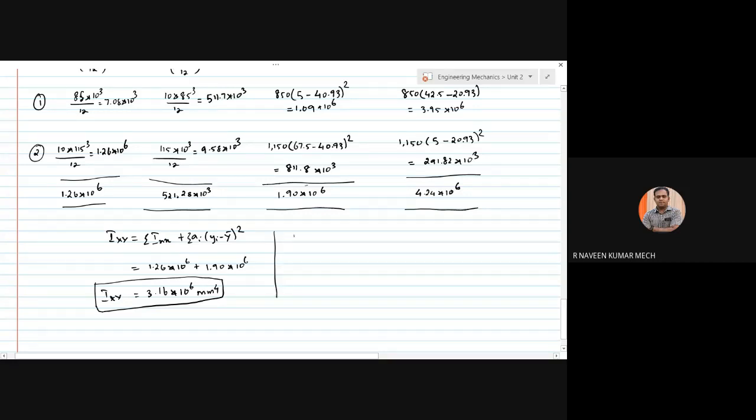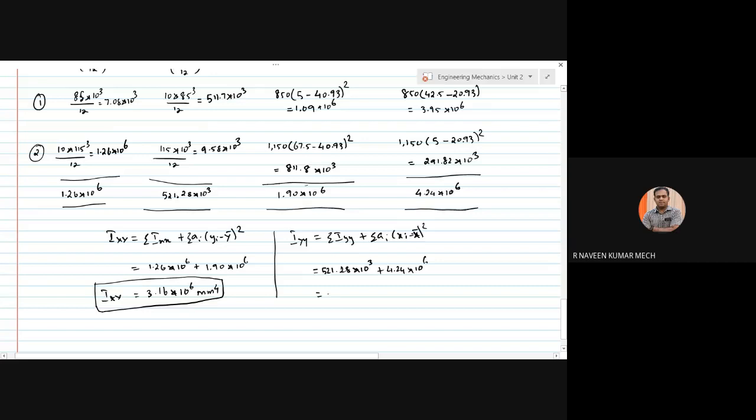Similarly, Iyy is summation of Iyy plus summation of Ai (xi minus x bar) whole square. We know that 521.28 into 10 to the power 3 plus 4.24 into 10 to the power 6.